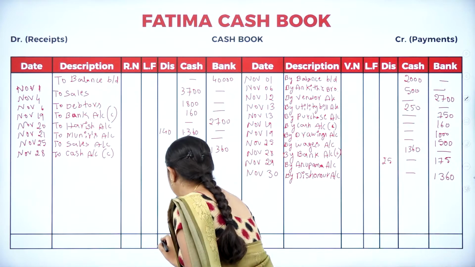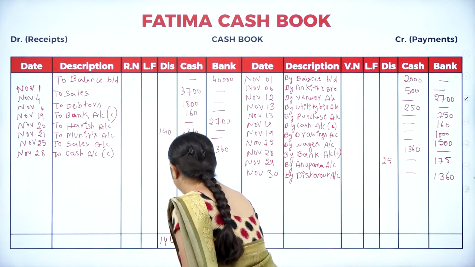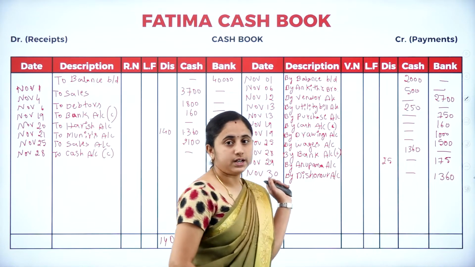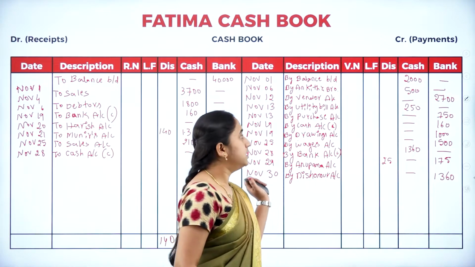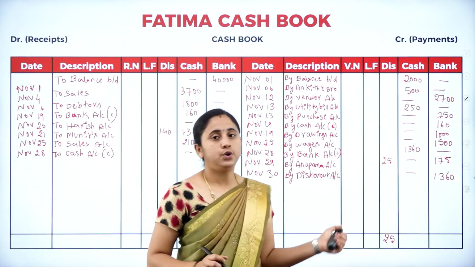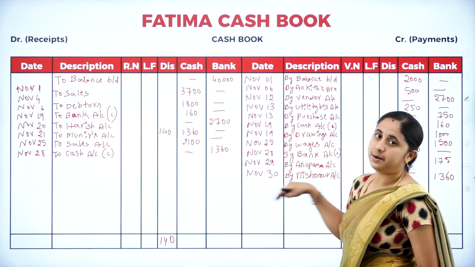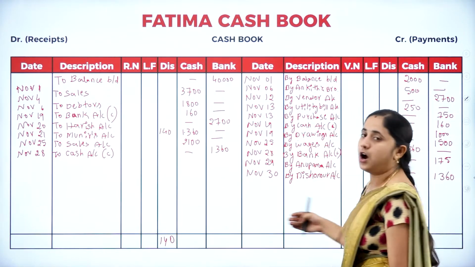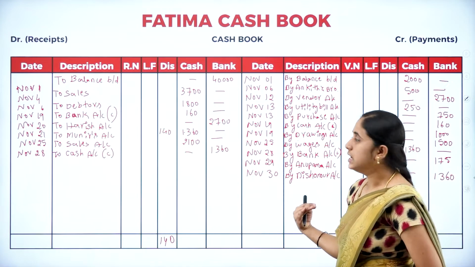For credit side total is 140, write 140, and debit side total is 140, write 140, and credit side 25. Don't tally between the debit and credit side of discount. So the discount amount should be written as you get it from debit and credit.